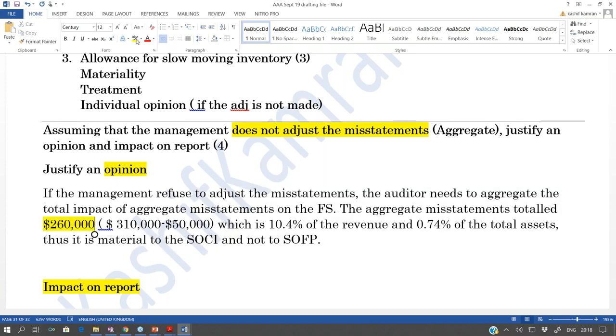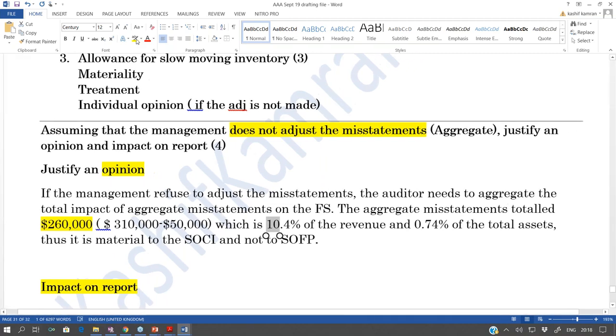To calculate 260, you have 1 mark, and to calculate the materiality, you have another 1 mark. How many students in the exam hall will calculate the 260 wrong? So the examiner has given 1 mark for the calculation of 260, and 1 mark for finding out whether it is material or not. We have already gained 2 marks from this paragraph, right?